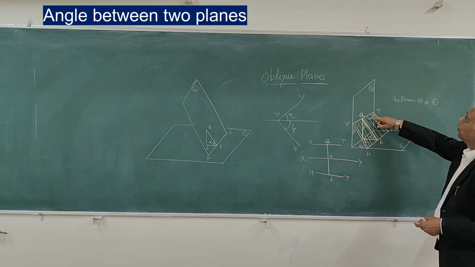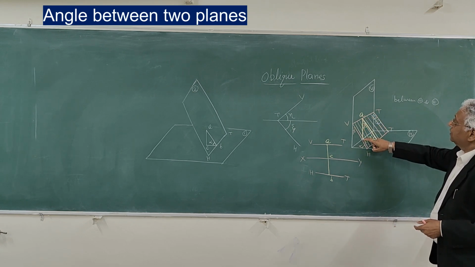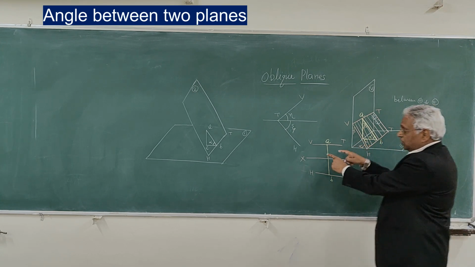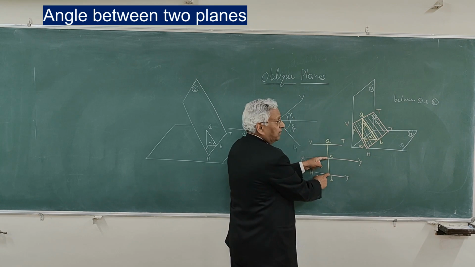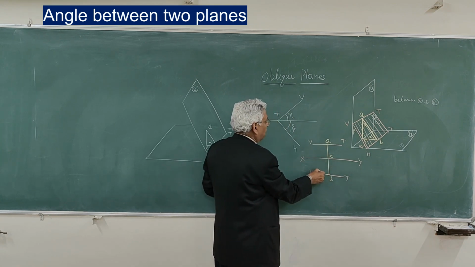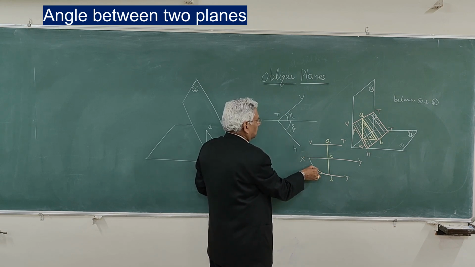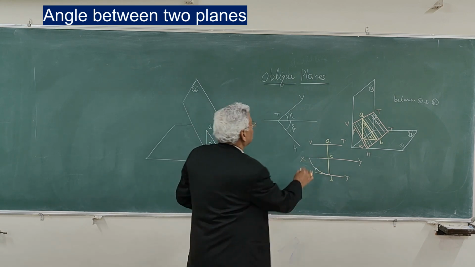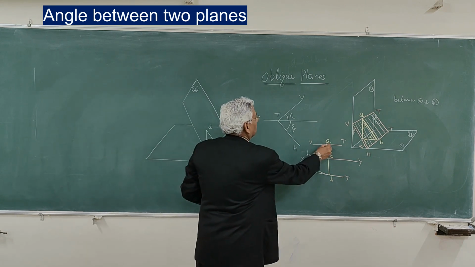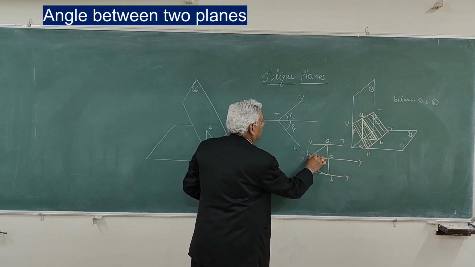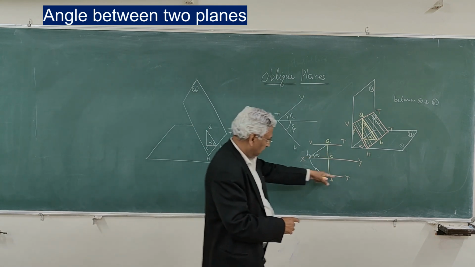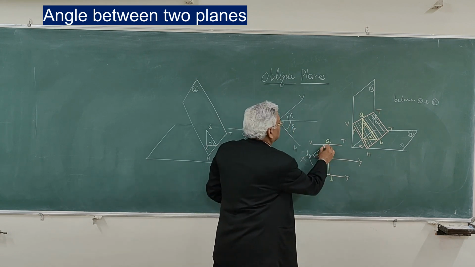When you rotate this plate about AC, this point B will rotate about C. So in projection, take C as center and rotate this point to the ground line. This becomes, let us say, B1. Now this is the true angle alpha. You can rotate this side also. And this is beta.